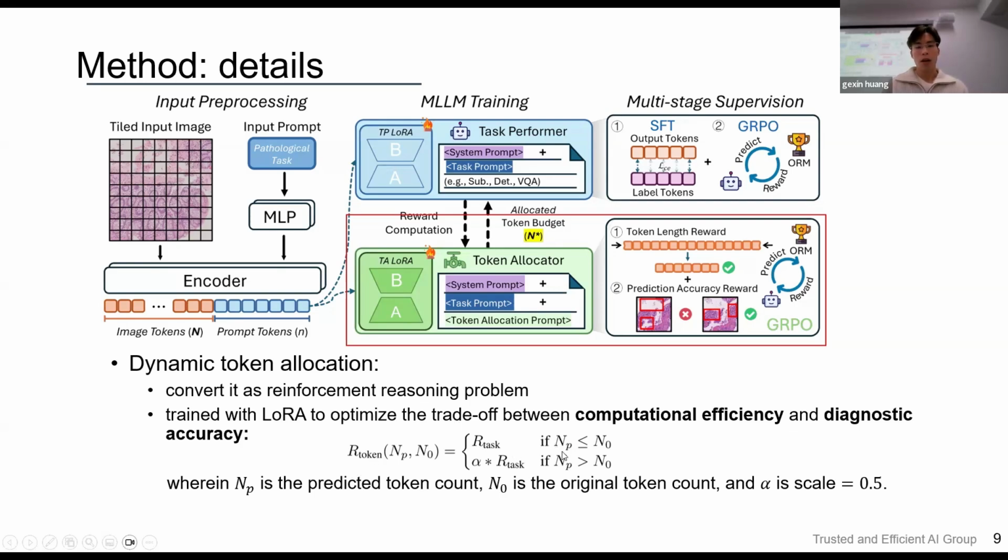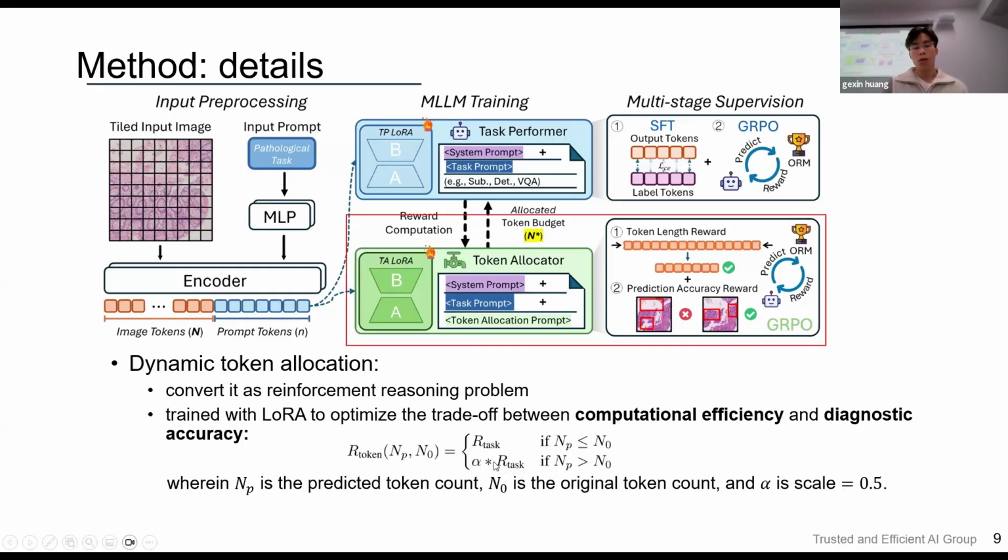So MP and N0 indicate the predicted token count and the corresponding original token count. When the predicted token count is greater than the original one, it will penalize the corresponding task's reward, wherein alpha is a scale equal to 0.5.